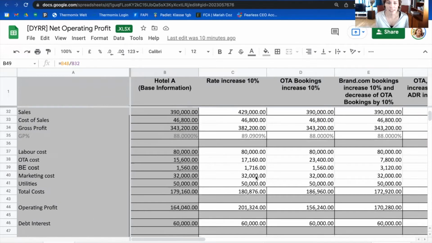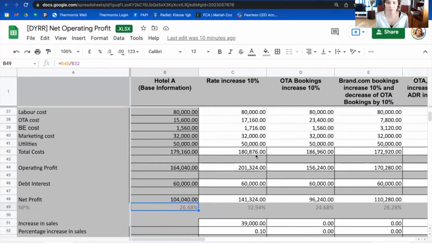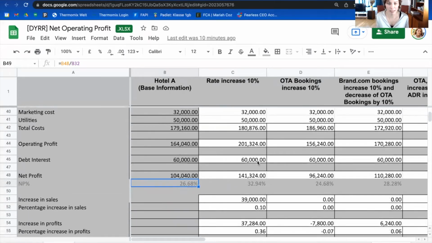So if I'm deducting all my costs, I'm paying the loan to the bank, my net operating profit looks very nice. It's almost 33%, almost 7% more. Perfect. Okay, let's increase the price by 10% and look what is going to happen.